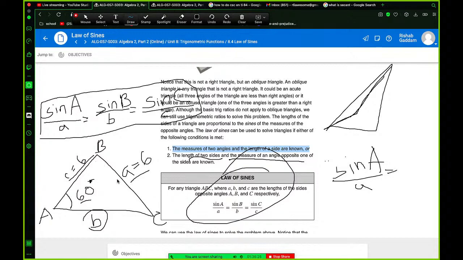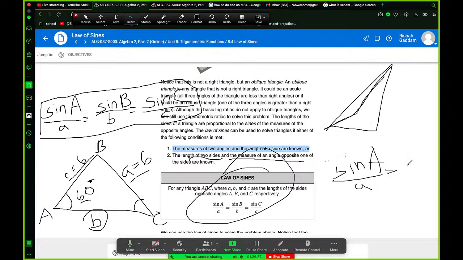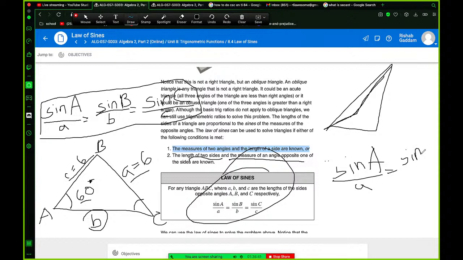So let's get away from that. Let's say that you want to find the measure of angle C first of all. So sine of C over C, which is equal to 6, so you put that on the bottom. And you have A, which is also equal to 6.